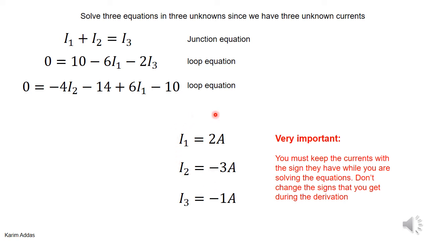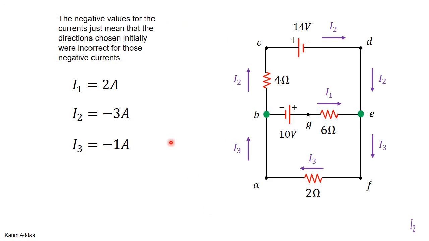When you find the final solution and you get now all the currents, then we can start to think how to change the direction of the currents to make it the correct direction. So based on this outcome of currents, current I1 is in the correct direction. It's a positive number. Current I2 turns out to be negative. Current I3 turns out to be negative.